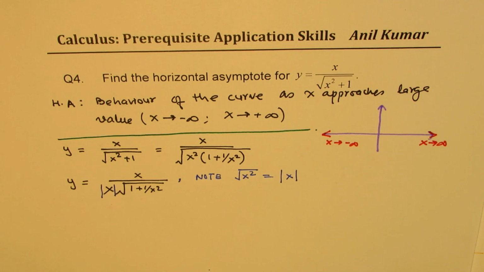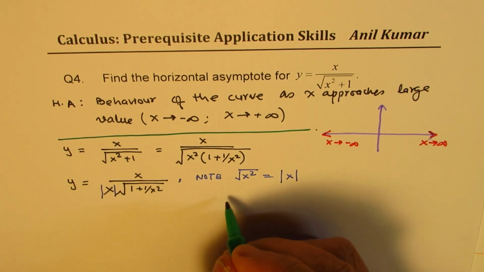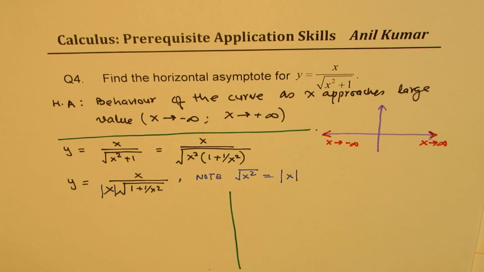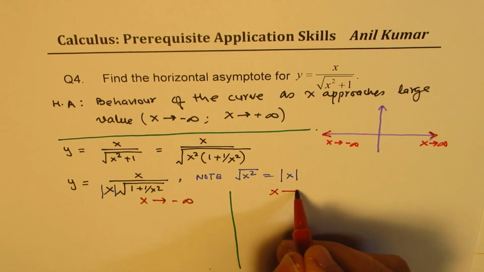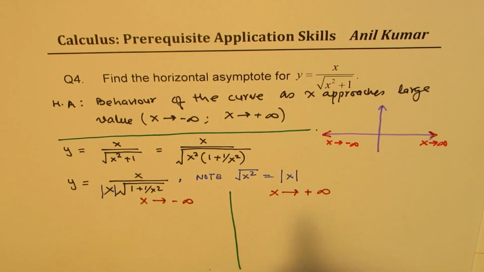You get the idea. This is one thing which you should know very clearly. Now we have to look into two conditions. What happens when x approaches negative infinity, and what happens when x approaches positive infinity? So we'll solve this equation accordingly.